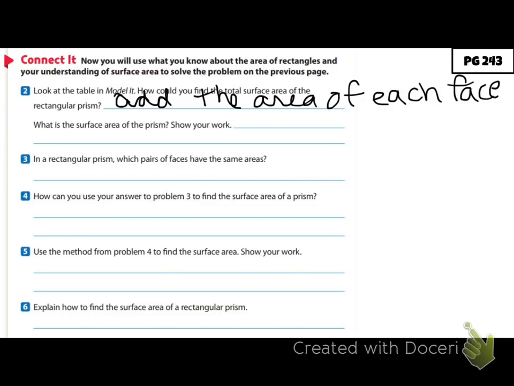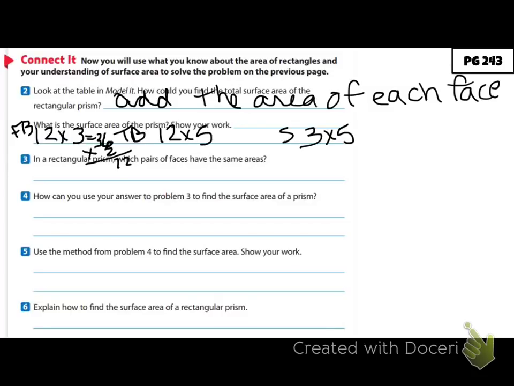So if we go back and look, we can see that the front and the back are 12 by 3. I'm going to put an FB for front and back, and then a TB for top and bottom, which is 5 by 12 or 12 by 5. And then we have the sides, which I'm going to use as S, that are 3 by 5. So we're going to multiply these out. 12 by 3 is 36, but I have 2 of them, so I multiply it by 2 to get 72.